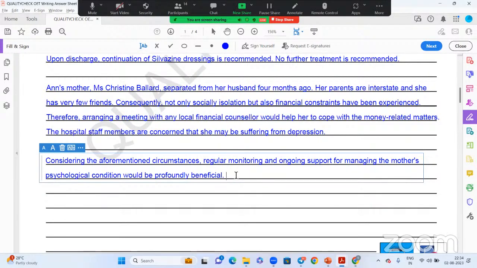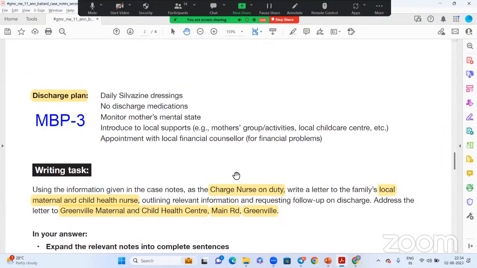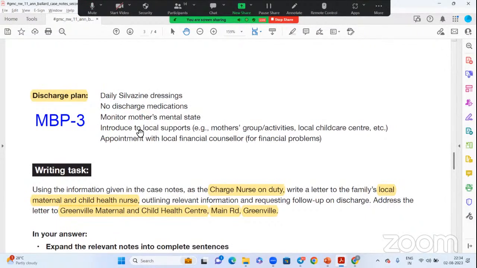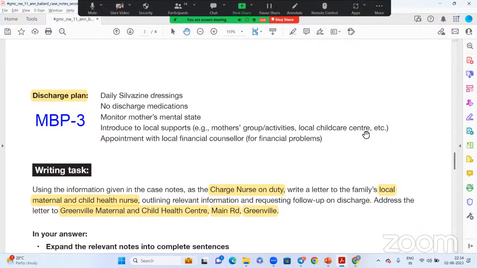Now here, take this point. Introduced to local support groups, establishing connections or admission to the local support groups, such as mothers group activities and local childcare center, is recommended, is advised, is suggested.